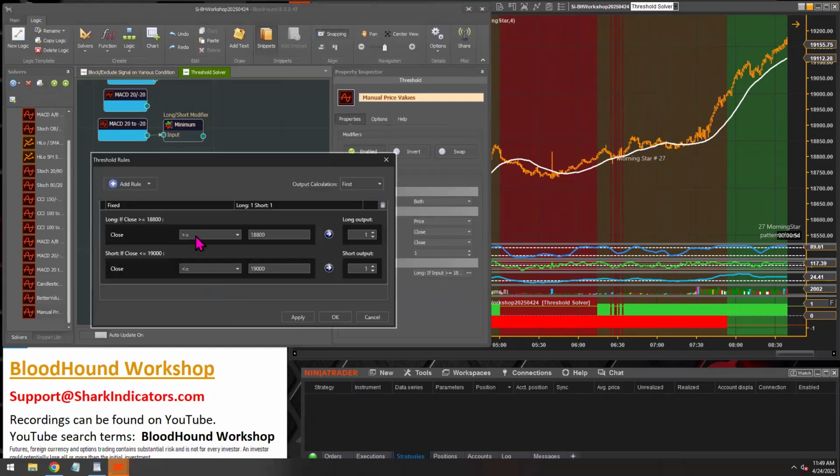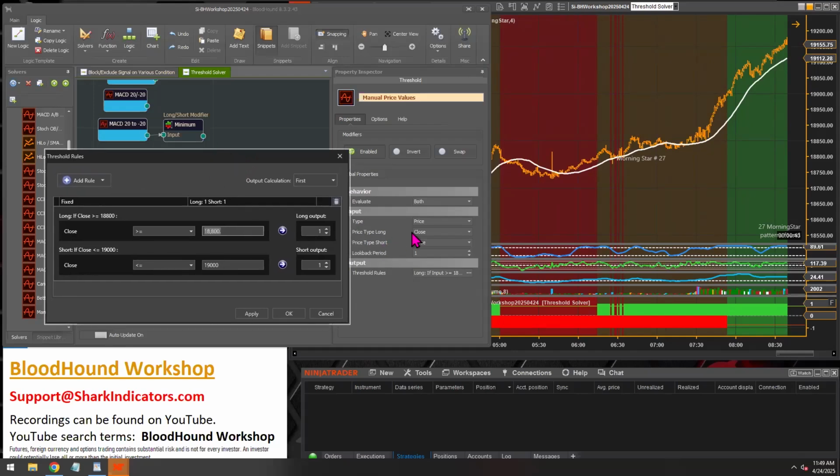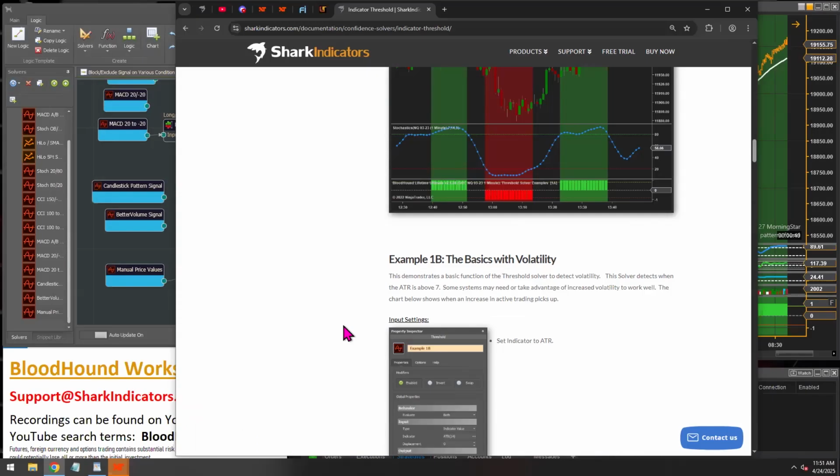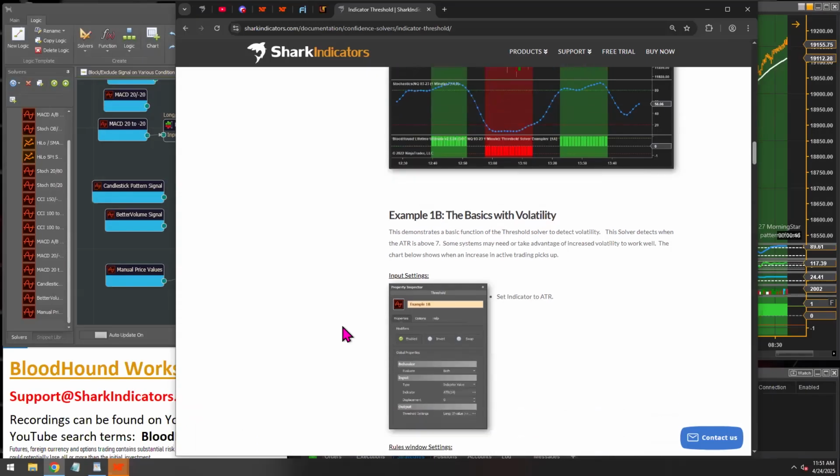So again, you can put in your own manual support resistance levels, pivot levels there, and compare it to price, and you can get various different outputs. It's all a matter of what greater than or equal to conditions you're looking for. Let me take a moment to see if I can think of any other more rare use cases.